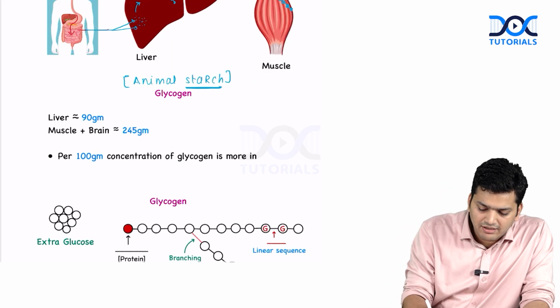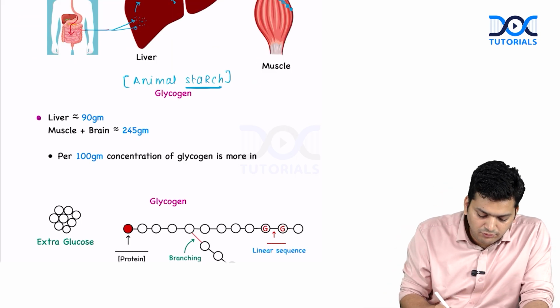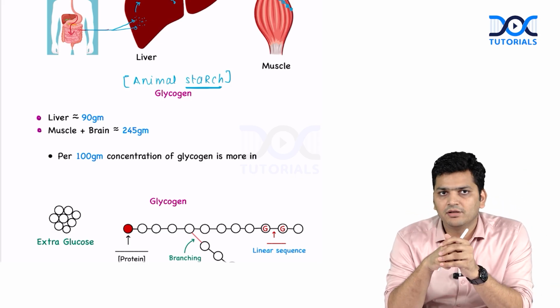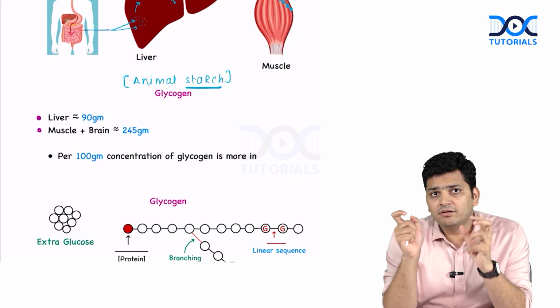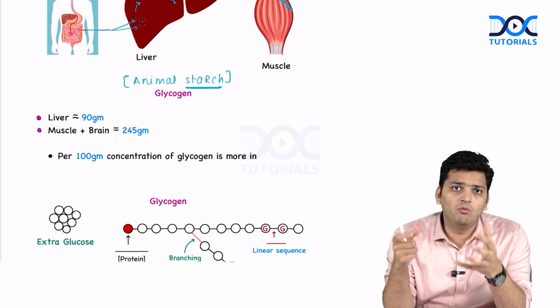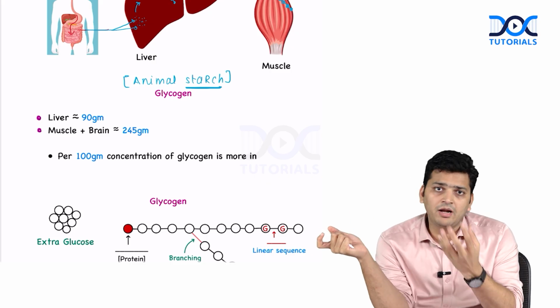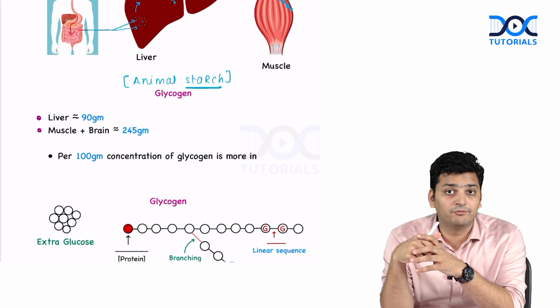In the liver, we have around 90 grams of glycogen, and in the muscle and the brain cumulatively, we have somewhere around 250 grams. So if they ask, per 100 gram concentration, where do we have more glycogen? Means if I take 100 grams of liver and 100 grams of muscle, where are you going to get more glycogen?